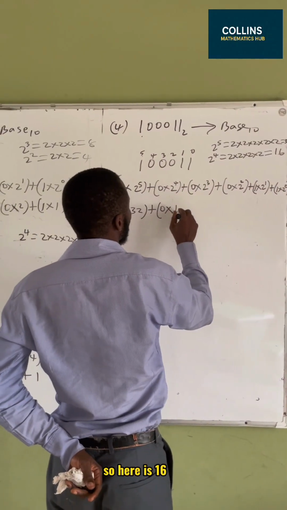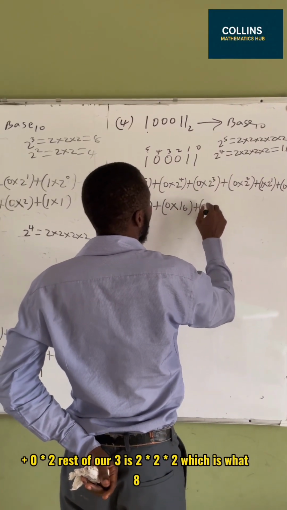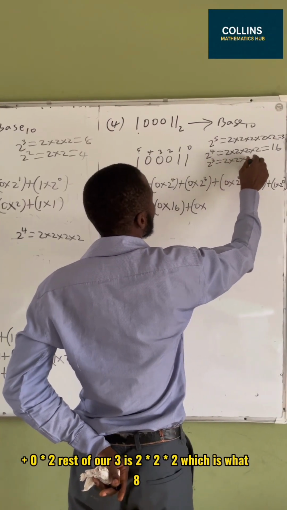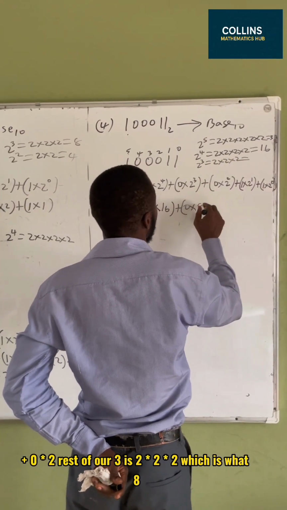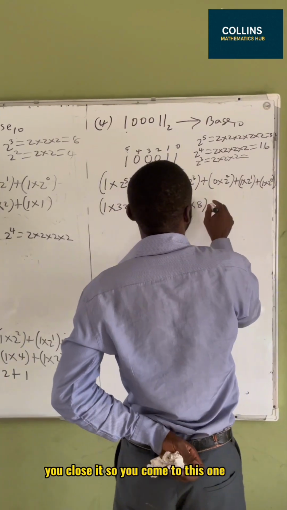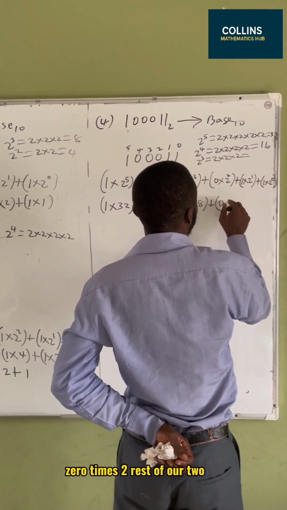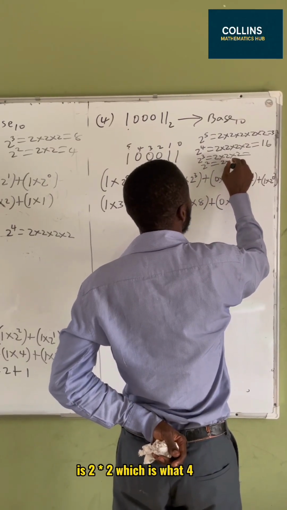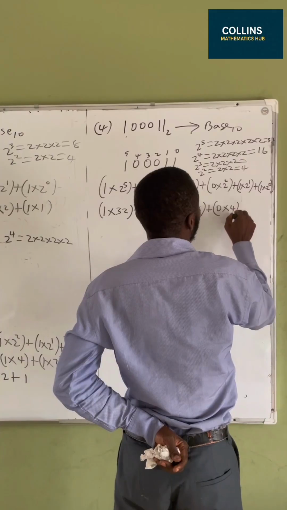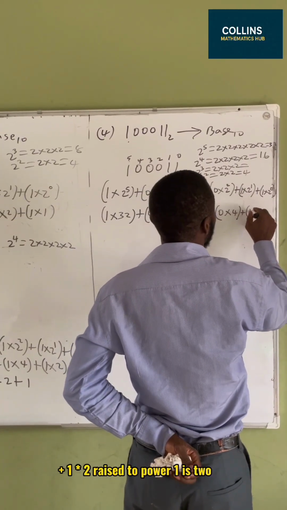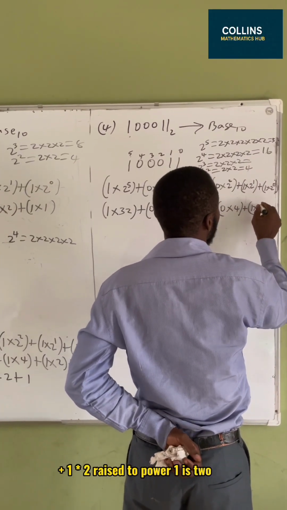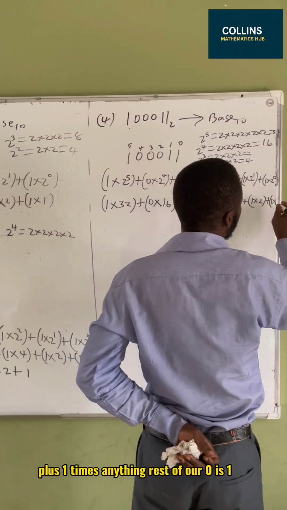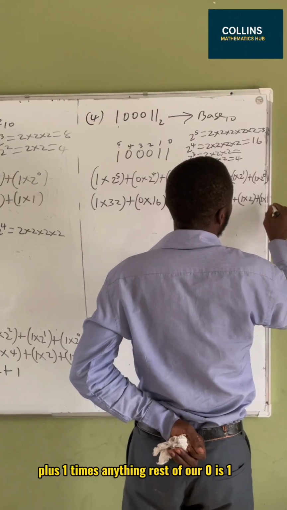So here is 16, plus 0 times 2 raised to power 3, which is 2 times 2 times 2, which is 8. You close it, so you come to this one. 0 times 2 raised to power 2 is 2 times 2, which is 4. Plus 1 times 2 raised to power 1 is 2. Plus 1 times anything raised to power 0 is 1.